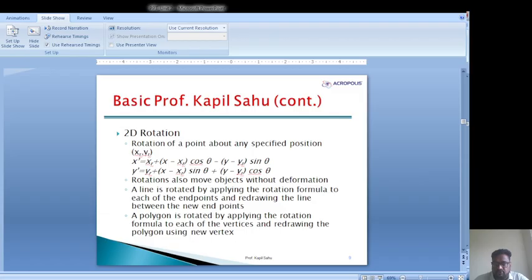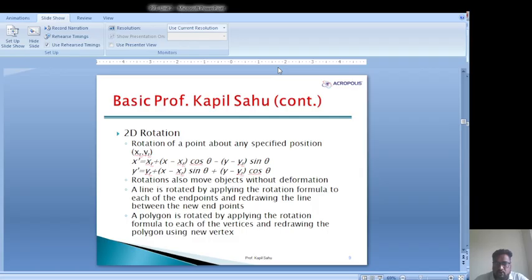This is the equation for the rotation about a pivot point, where x and y are the pivot point. If we move the pivot point to the origin, then we will get the equation for the rotation about origin. And if the pivot point is other than the origin, then we will put the value of x and y and the value of rotation angle theta in the equation, and we will get the transformed rotated point by this equation.